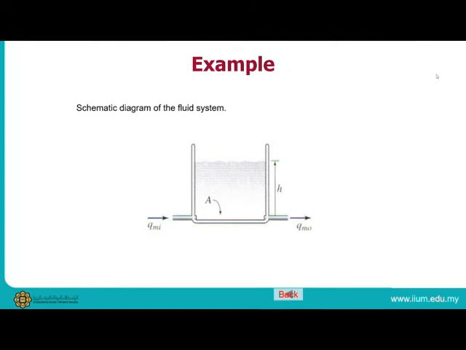Okay, this is the example. In this example, it's similar to the first example.